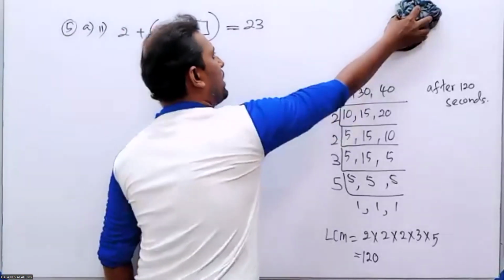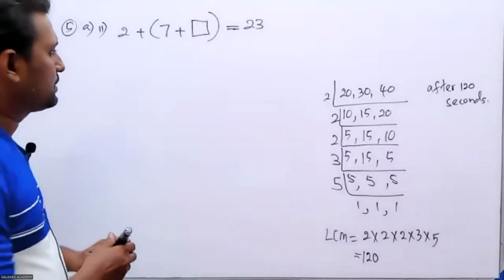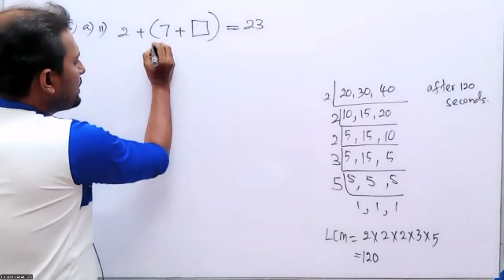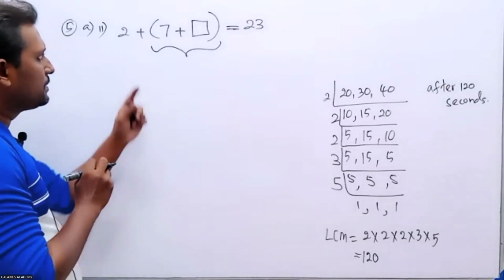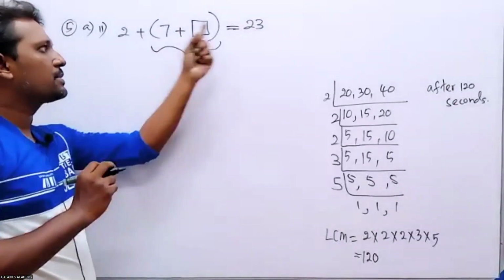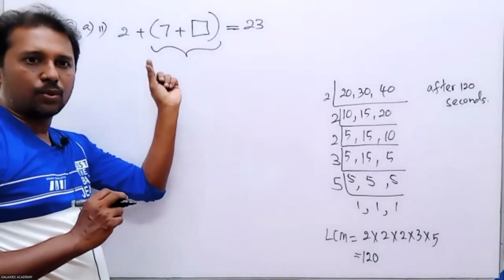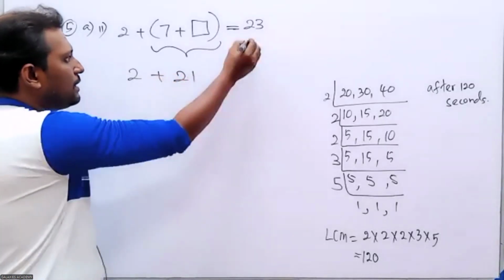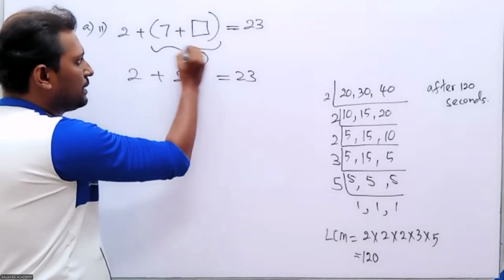Then you have to find which digit is suitable for this blank. Now look at 23. What is the suitable value for this bracket? 2 plus 21 is equal to 23, so this bracket equals 21.